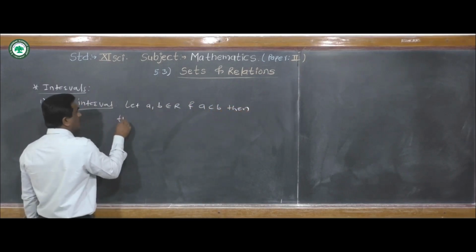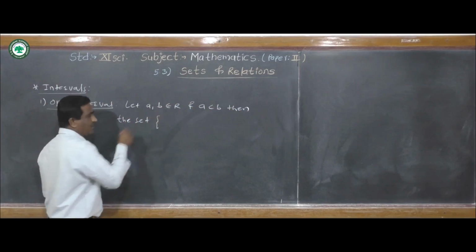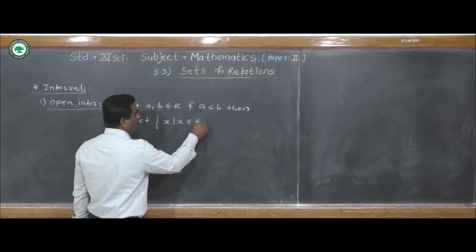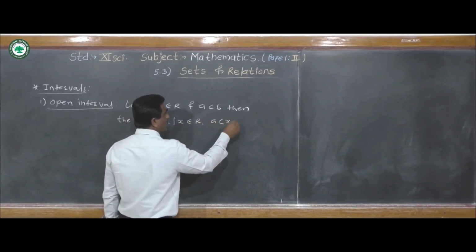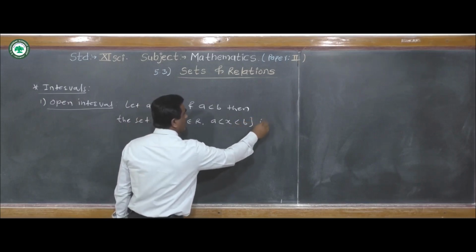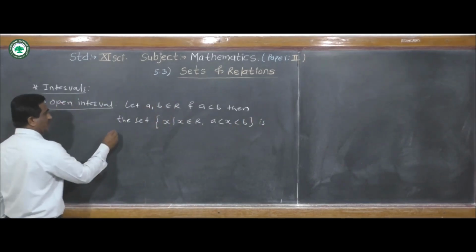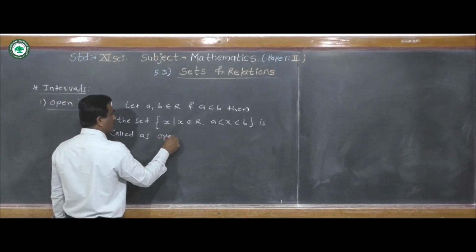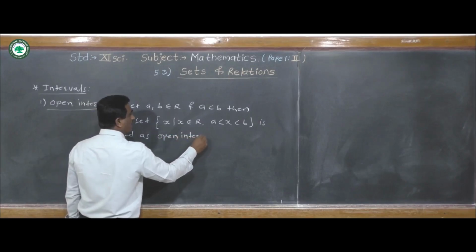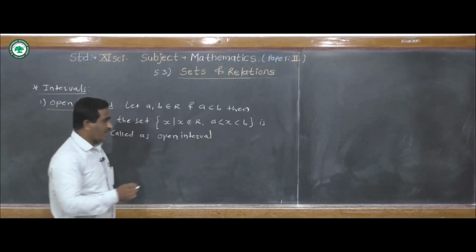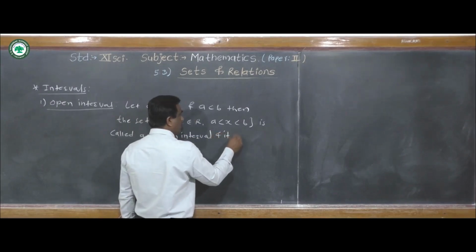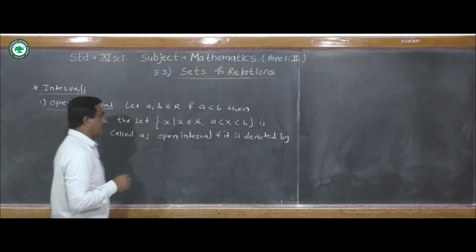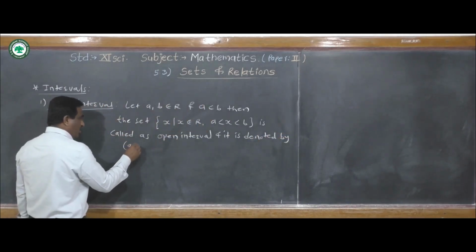Then the set {x such that x belongs to R and a less than x less than b} is called an open interval, and it is denoted by open bracket (a, b).